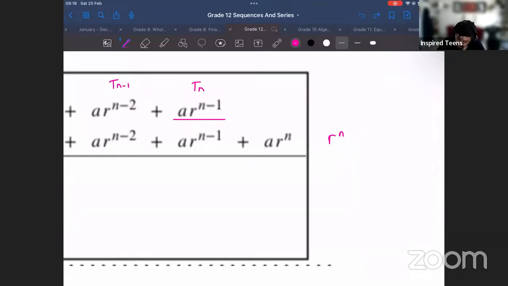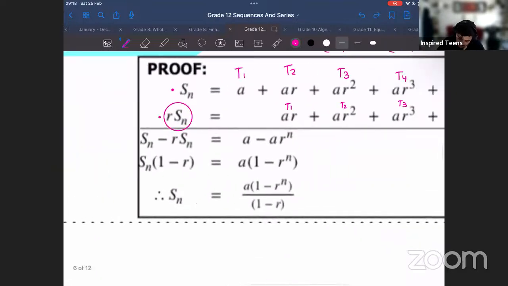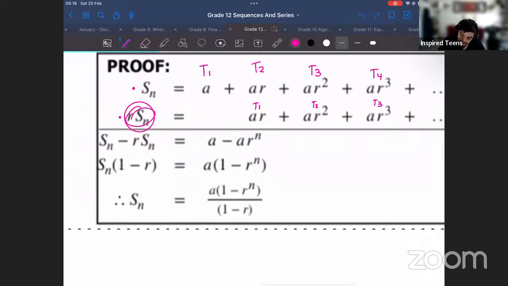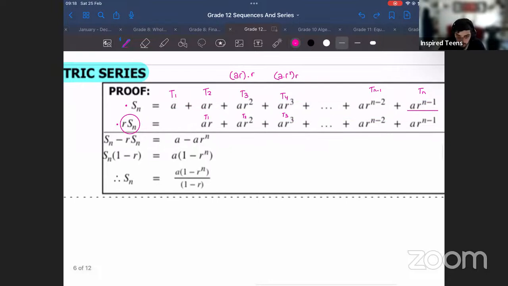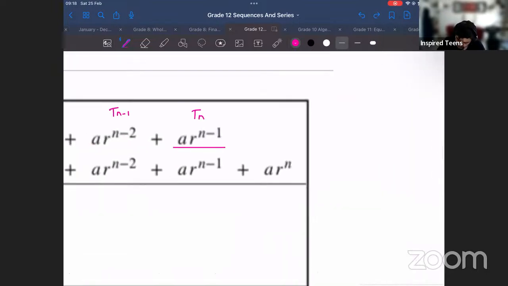I'll explain that now. We're multiplying every single term by R, so we're basically taking the top pattern and multiplying everything by R. The last term in the pattern was A times R to the n minus 1. For this second sum, they are multiplying all by R, so we have A times R to the n minus 1 times R.